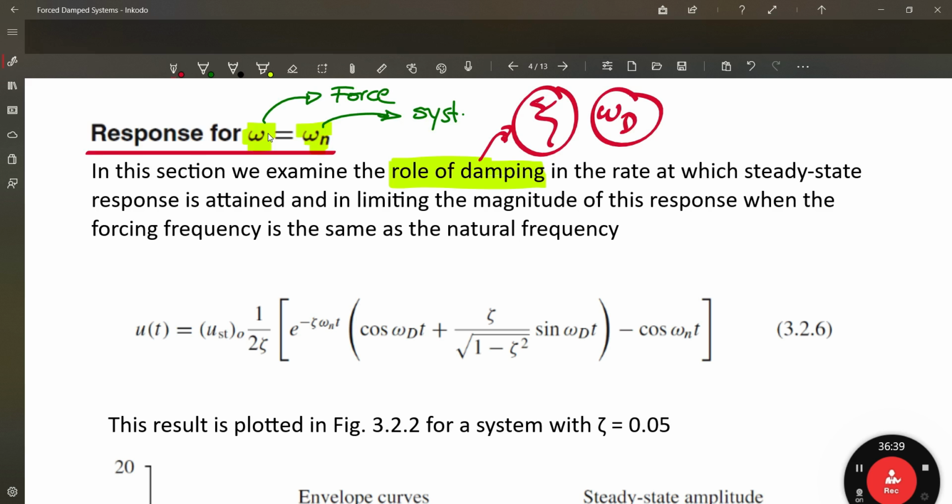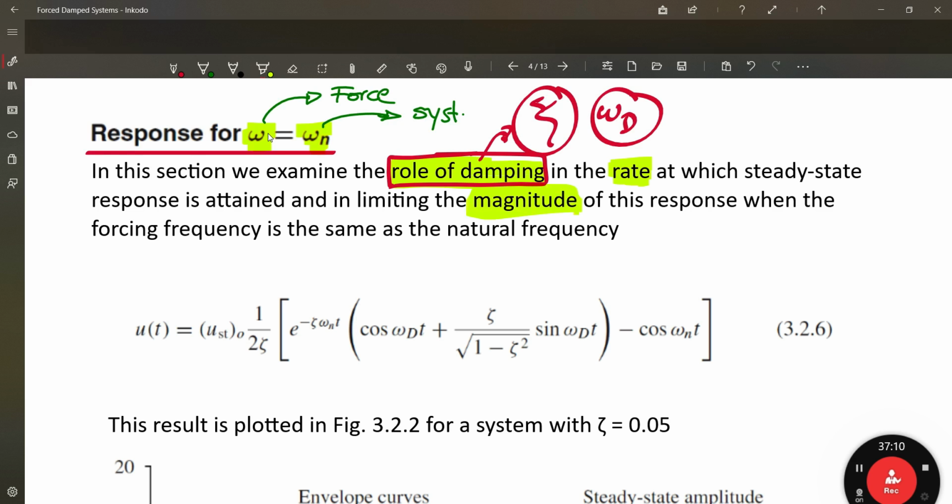So in this video, we are going to examine how the damping intervenes in the response of the structure under resonance condition, when the forcing frequency equals the natural frequency of the system. And this role is going to be highlighted with the rate at which the steady state response is attained and in limiting the magnitude.